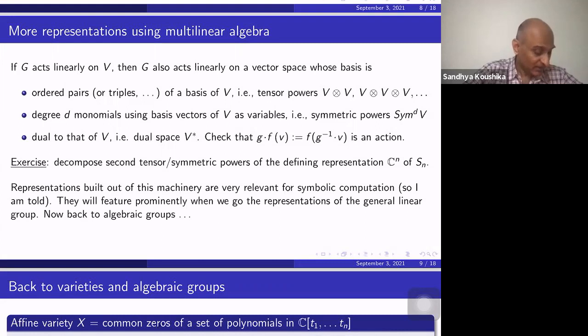Okay. Now, carrying this out in practice becomes more interesting. So remember that I already asked you to decompose the defining action of S_n on a linearized n-element set. So now I can take the second tensor power or the second symmetric power, or if you're adventurous, you can take higher powers, but it does become hard without knowing some theory.